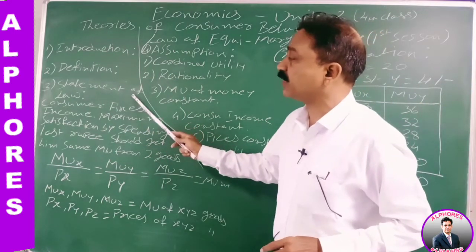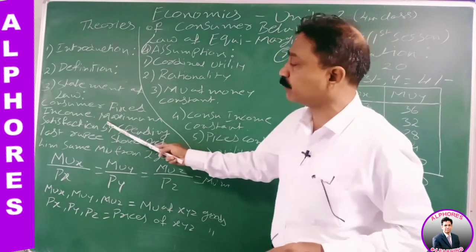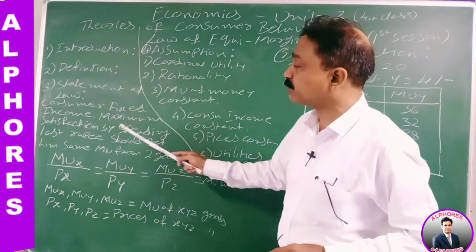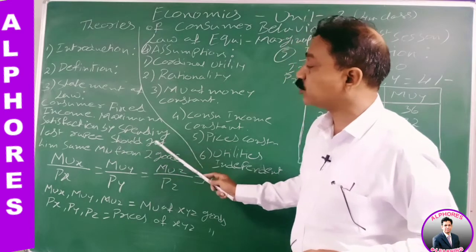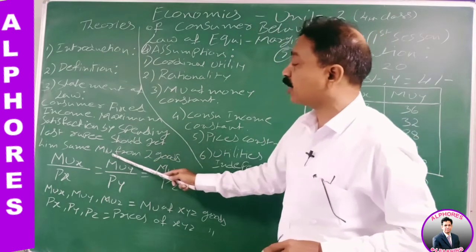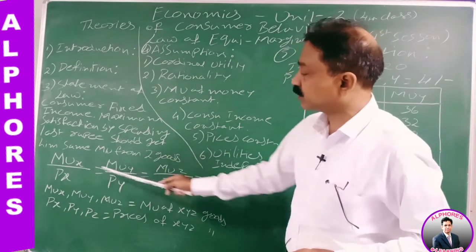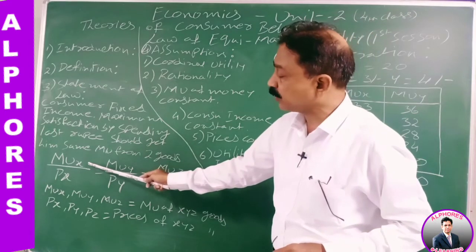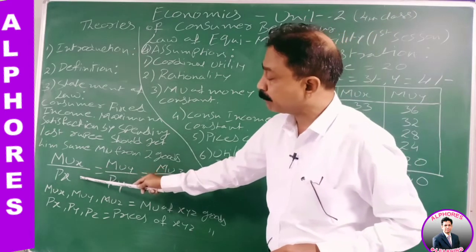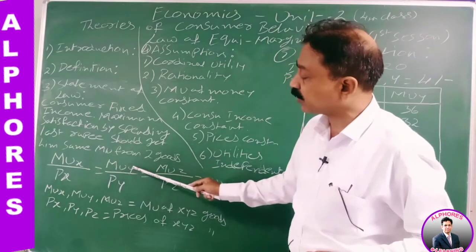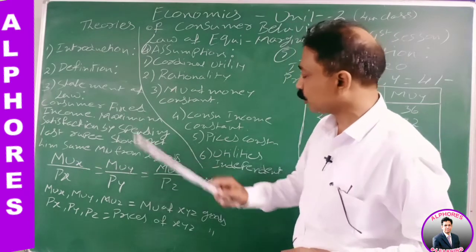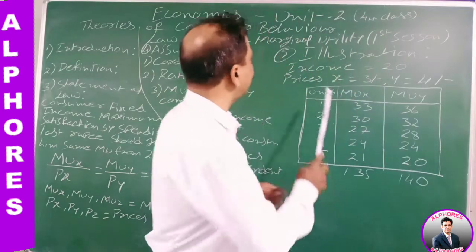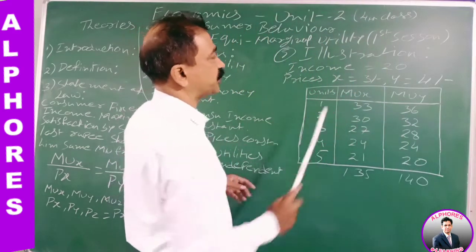Next statement says that the consumer has fixed income and he tries to get maximum satisfaction by spending the last rupee, and he should get the same marginal utility from two goods. Marginal utility of X commodity by price of X commodity, marginal utility of Y commodity by price of Y commodity should be equal. Okay, now we will see the illustration.